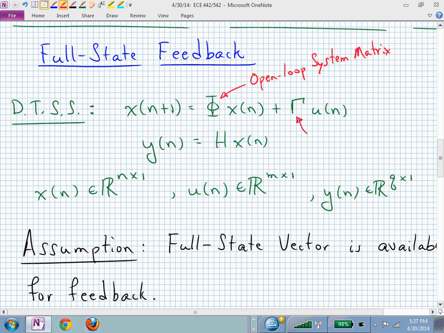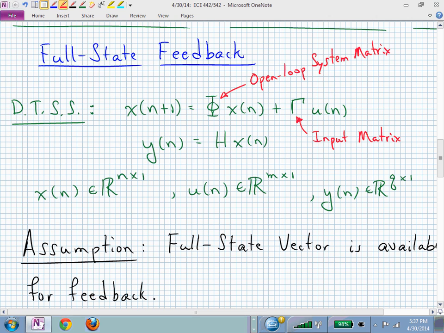Gamma is our input matrix. And we'll typically just be dealing with one input in this class, and for that reason gamma will just be a tall, thin vector. It will be, let's say, 4 by 1 if we had a fourth order system.